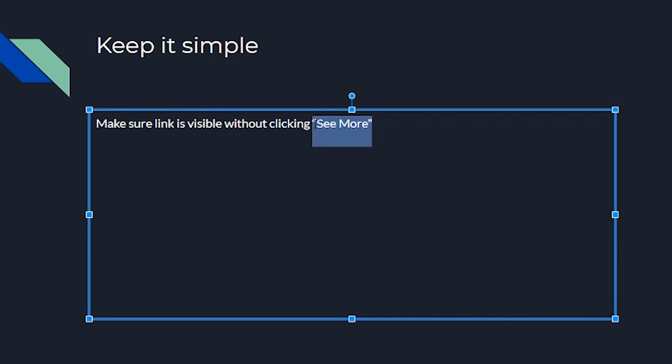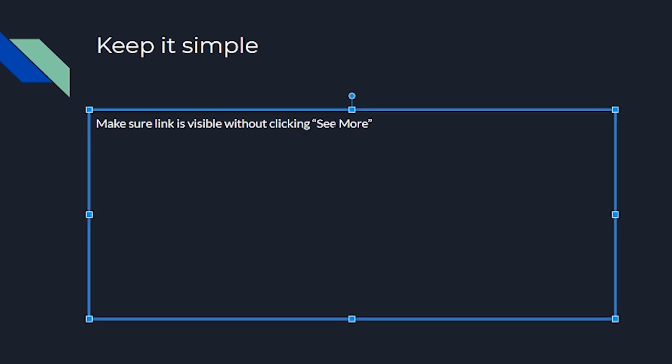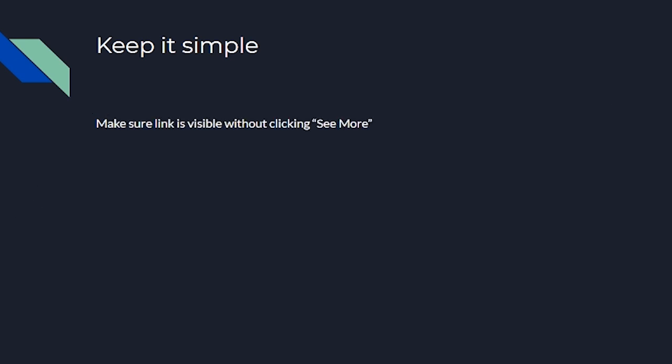Even if somebody's interested in the product, they might not click see more just because they're quickly browsing through or whatever the reason is. Like I said before, it doesn't matter as much as people think it does, but it does make sense that you would want the link visible so people can go check out what you got.